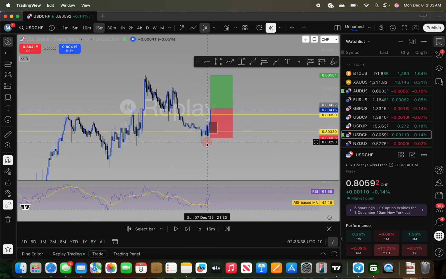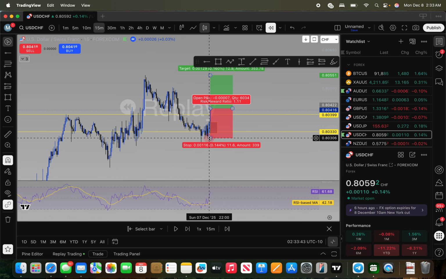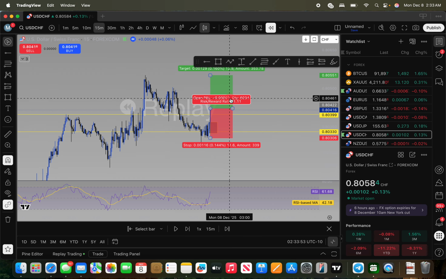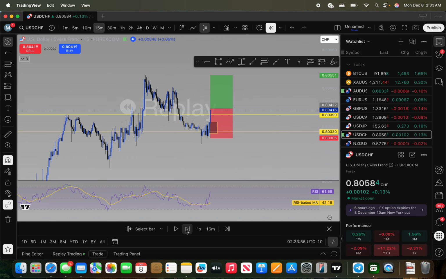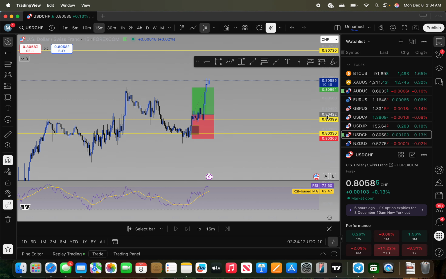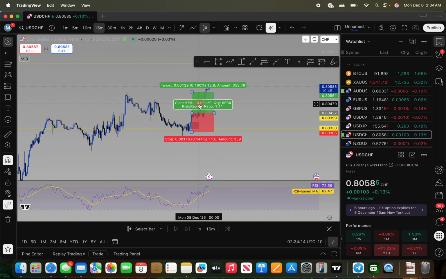So instead of putting it under this huge wick right here, I just set it under this structure, this lower low right here. And I let the trade play out. It just kept consolidating, and it hit take profit.